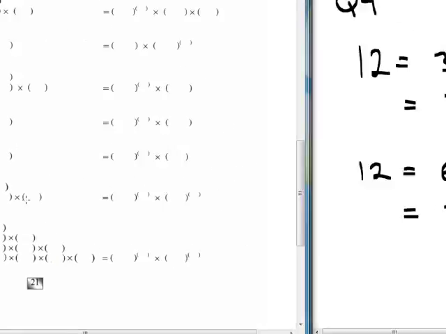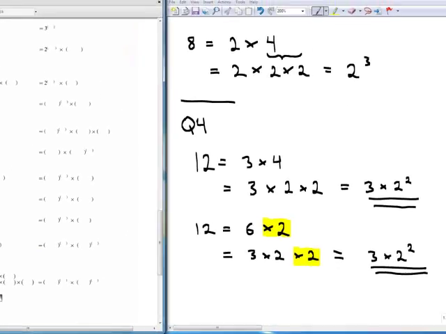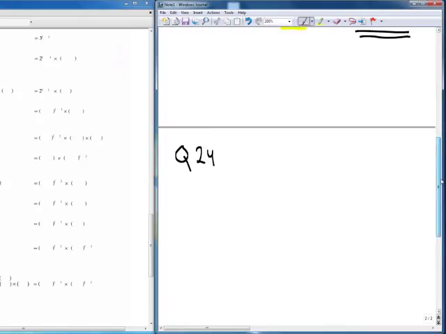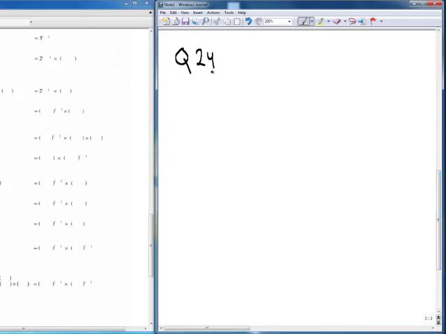Let's do number 24. So question 24, we have 100 equal one number times another number.